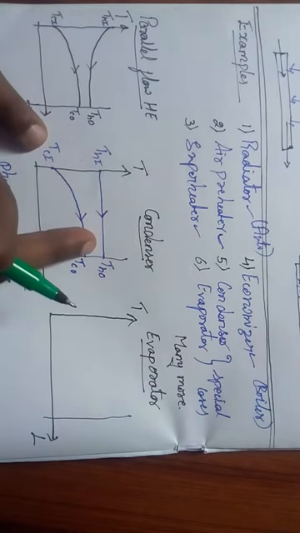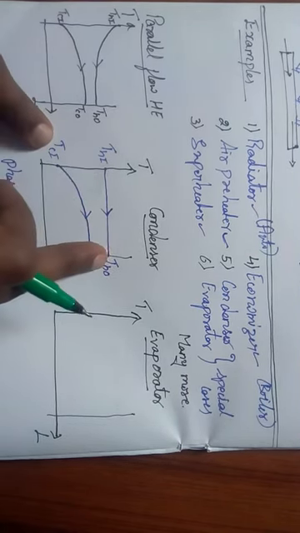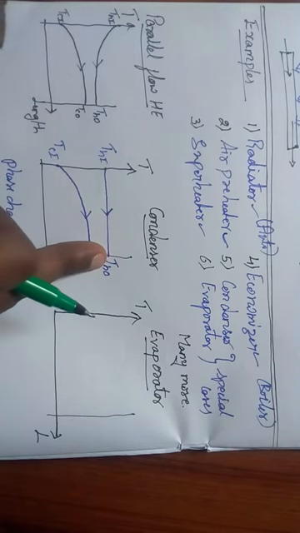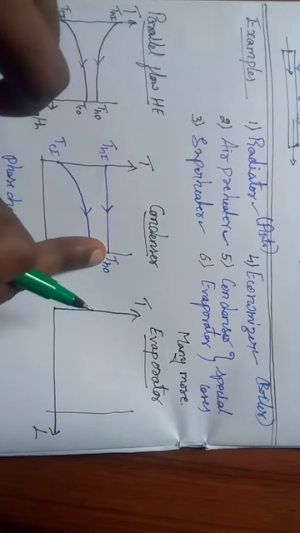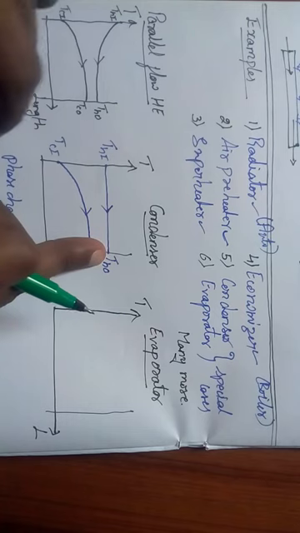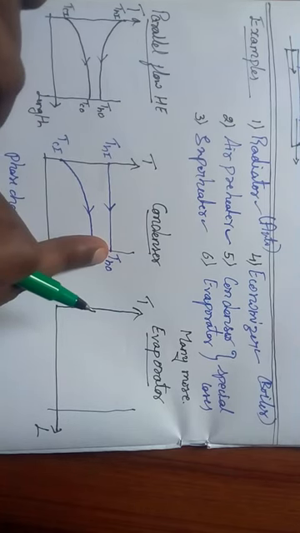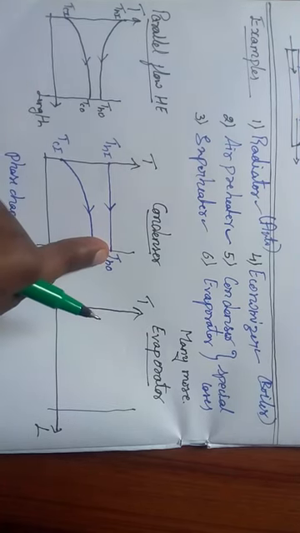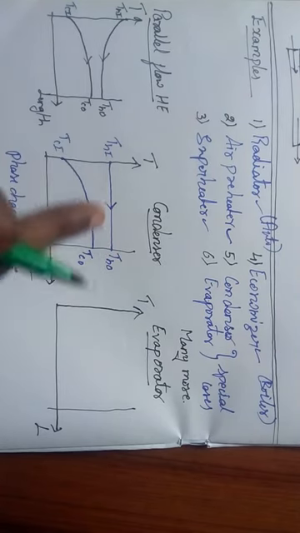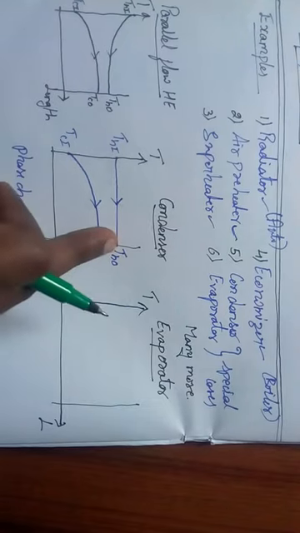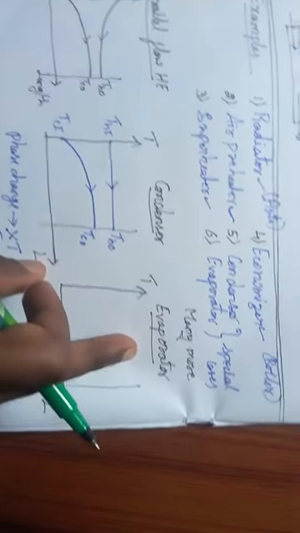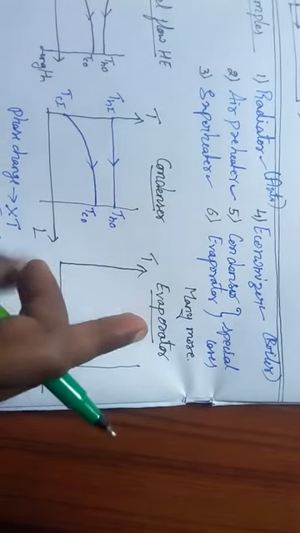Why is it a straight line? Because here there is a phase change of a refrigerant, which changes its phase from gaseous to liquid. From gaseous refrigerant it gets converted into liquid refrigerant. Again it goes back to the evaporator. In the evaporator, it absorbs the heat.